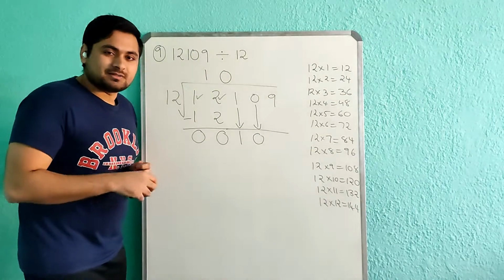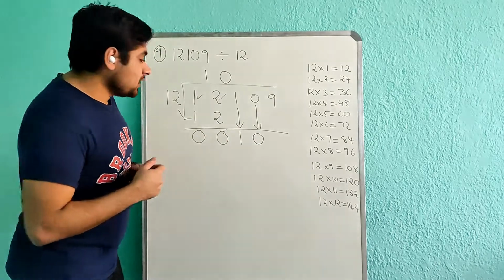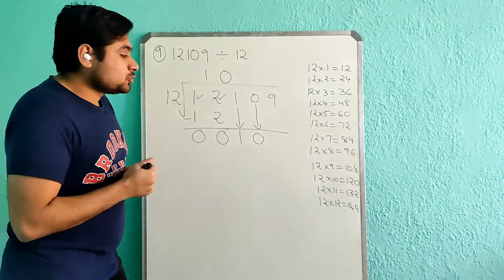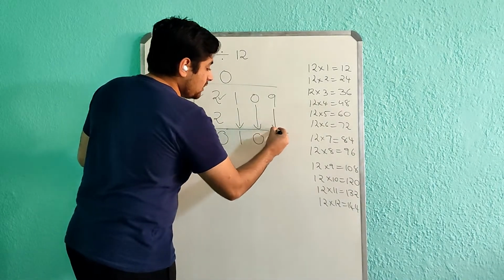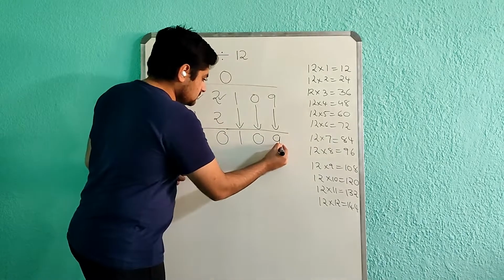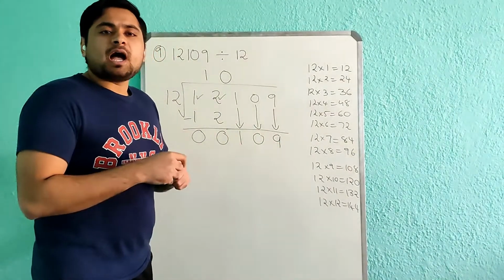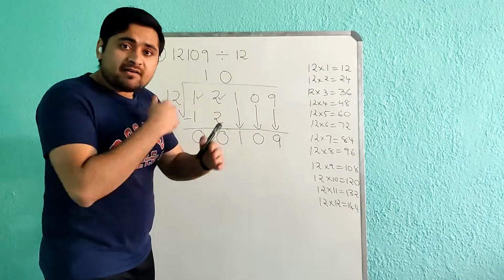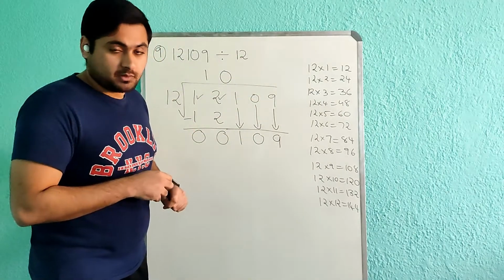So now we ask ourselves, does 10 come in the table of 12? We know 10 is smaller than 12, so it does not come in the table of 12. So what do we do? We go and bring down the 9 also. Now that we bring down the third number, after you bring down 2 numbers together, however many numbers you bring down after that, you have to put that many zeros, right?